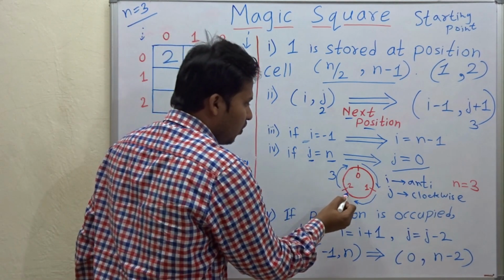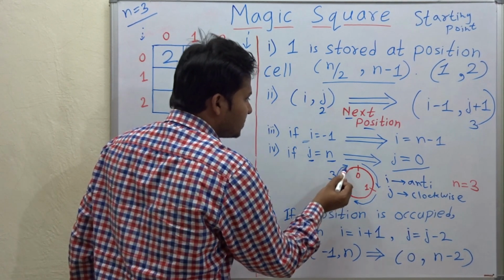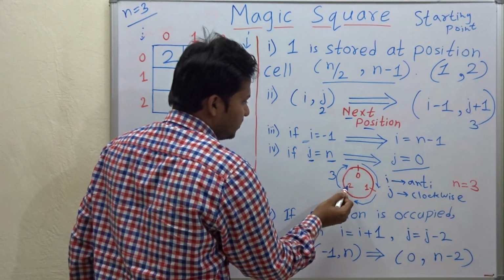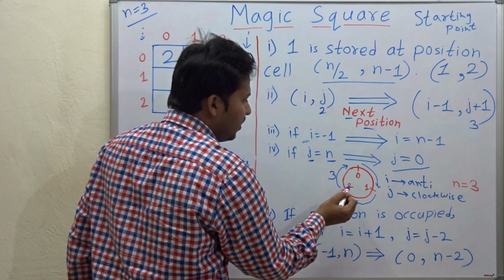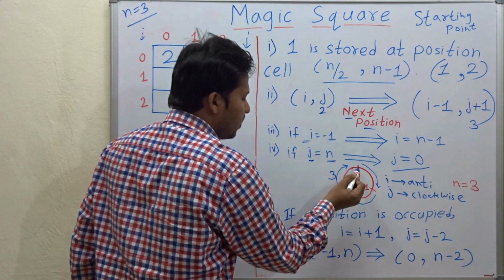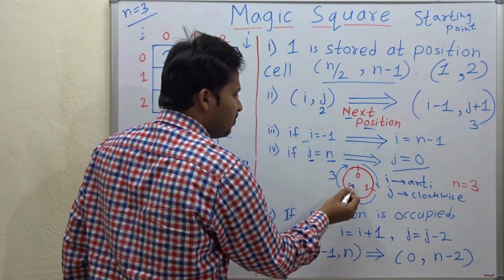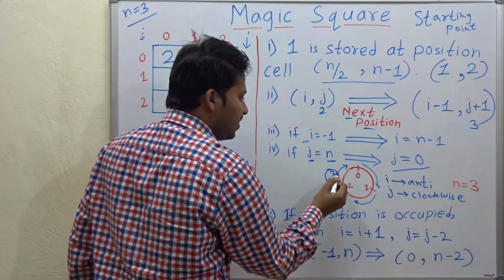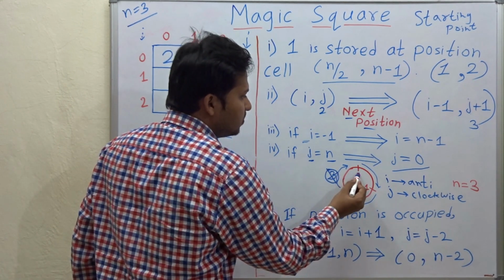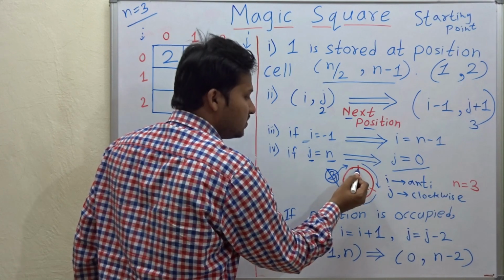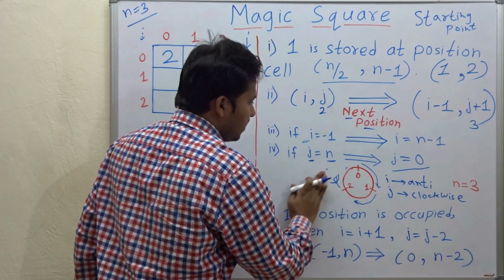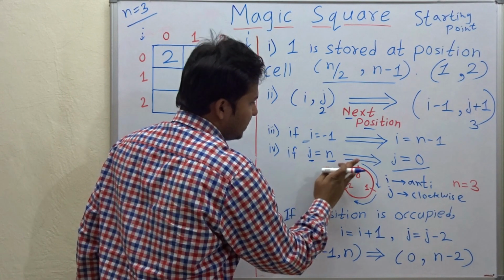So you follow this clockwise direction in this circle, and after 2, the value of j will be 0. Meaning 2 plus 1 is 3, but this 3 will be wrapped into 0, the next value in this circle.